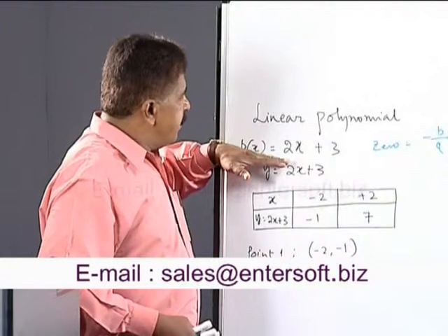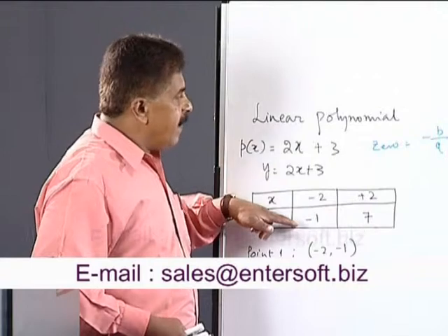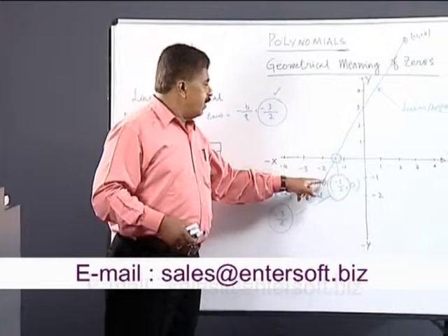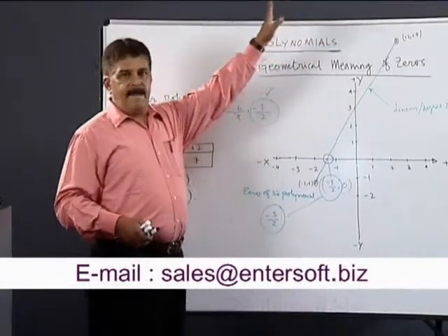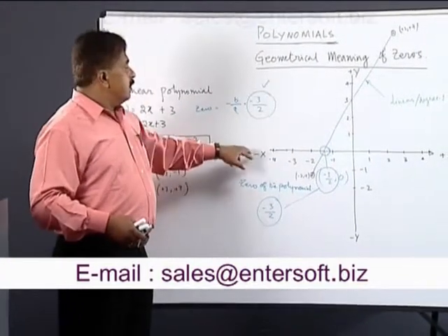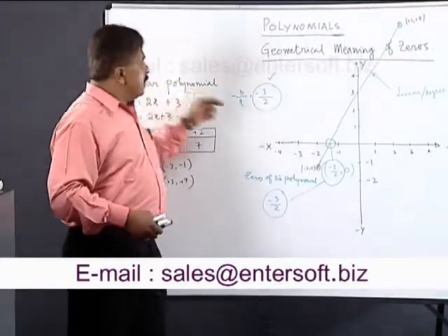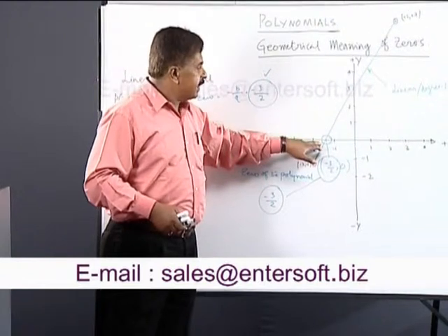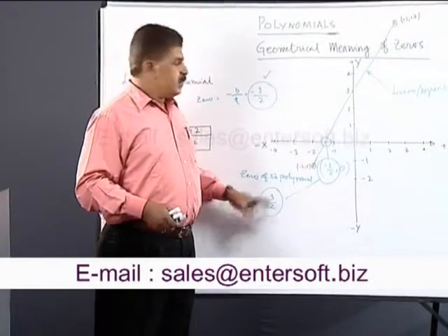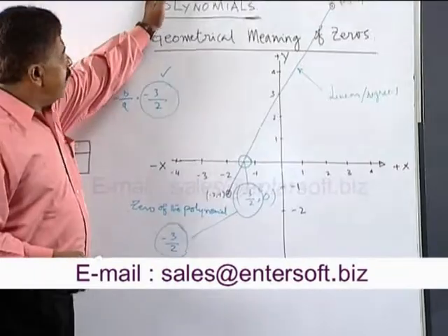When you take this particular polynomial for different values of x, when you find out the value of y and then plot it on a graph, there are two important things that you should know: a linear polynomial gives rise to a straight line, and this straight line will intersect the x-axis at only one point because it's a linear polynomial. The coordinates of this intersection point is the 0 of the polynomial.